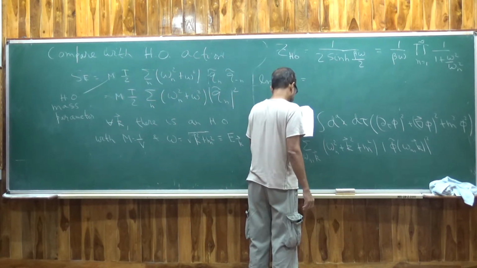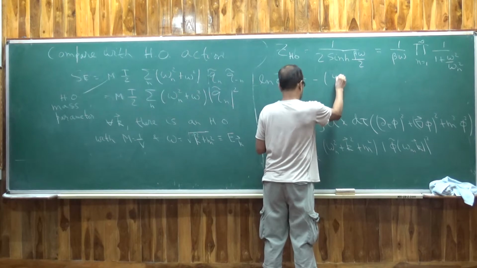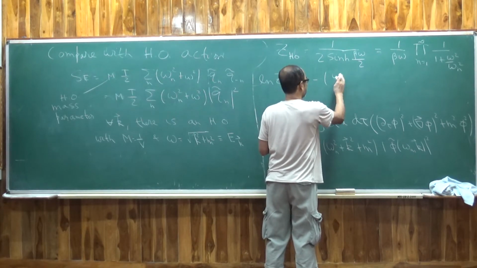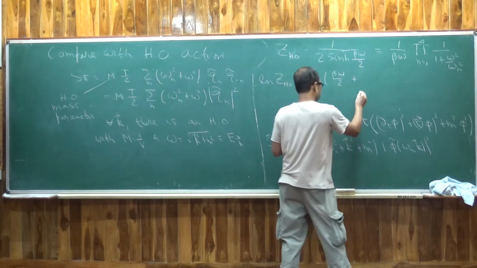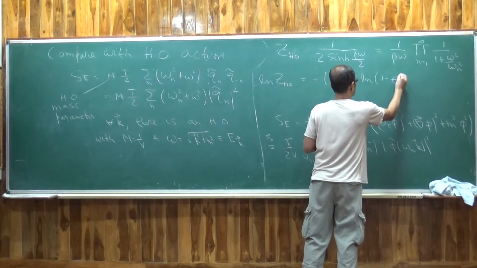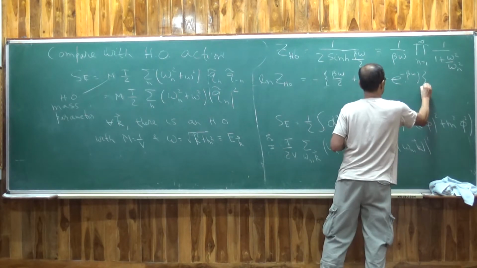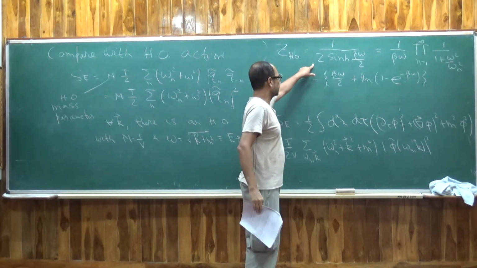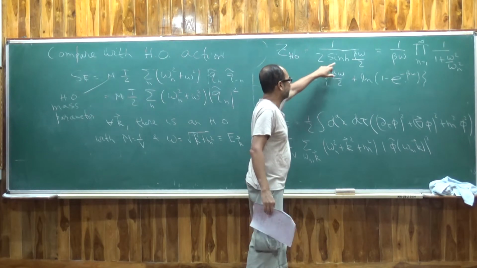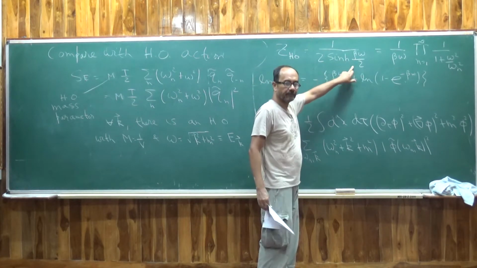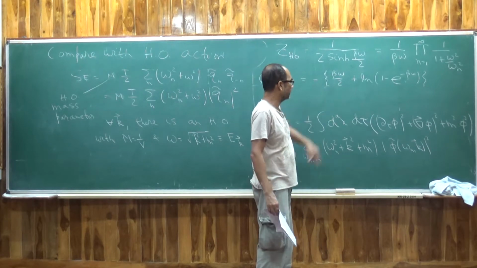So this in fact I can write as minus β ω by 2 plus log of 1 minus e to the minus β ω, because this is just a rewriting of this. 2 sinh(βω/2) is e to the βω/2 minus e to the minus βω/2, then you exponentiate and this is what you get.